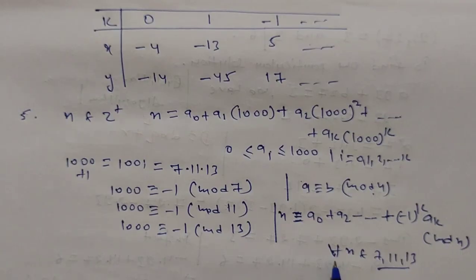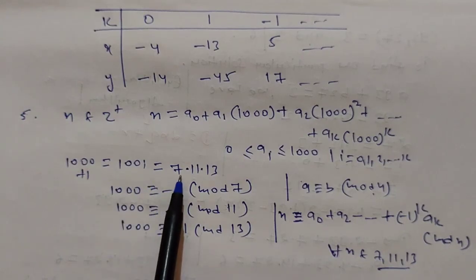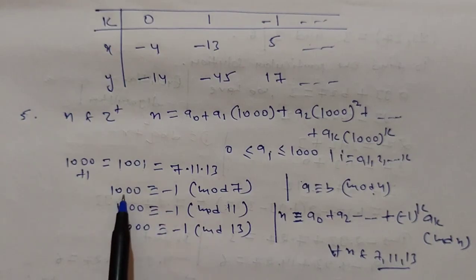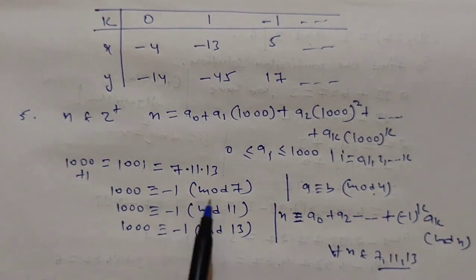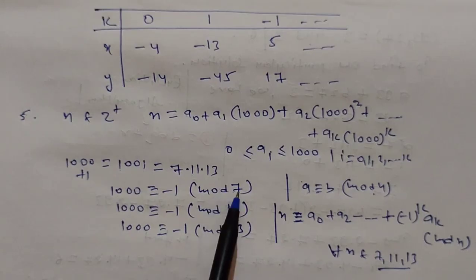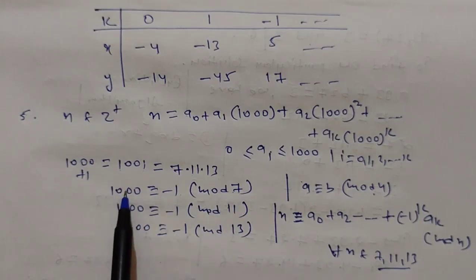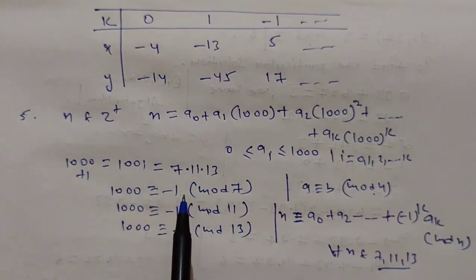Here we are taking the values of n as 7, 11, 13 because 7, 11, 13 are the divisors of 1001. So 1000 is congruent to minus 1 mod 7 because 7 divides 1000 plus 1, which is 1001, and this is already given here.